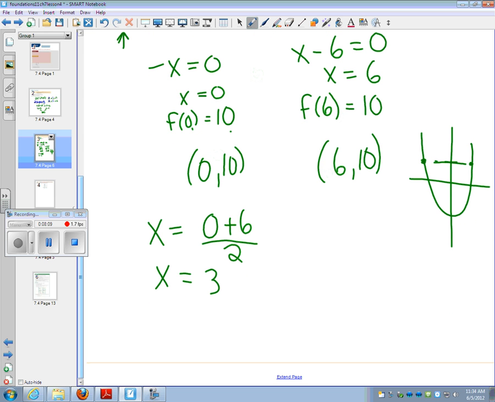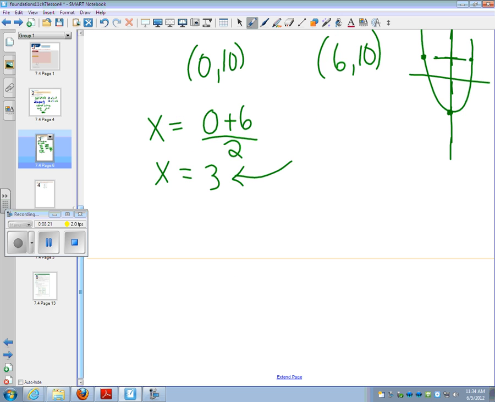Now that I know where my axis of symmetry is, I know that my vertex is going to come right on that axis of symmetry. So I can sub in this value to spit out the y value of my vertex. That's what I'm going to do right now. Remember, my original equation was f of x is equal to -x squared plus 6x plus 10.